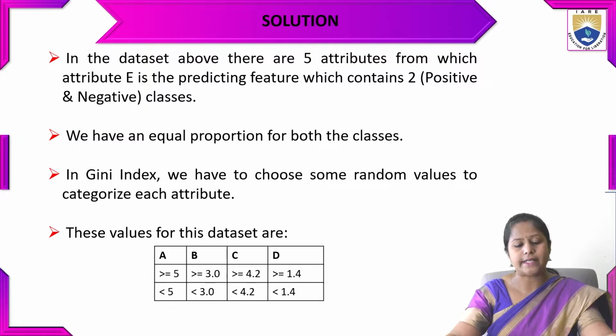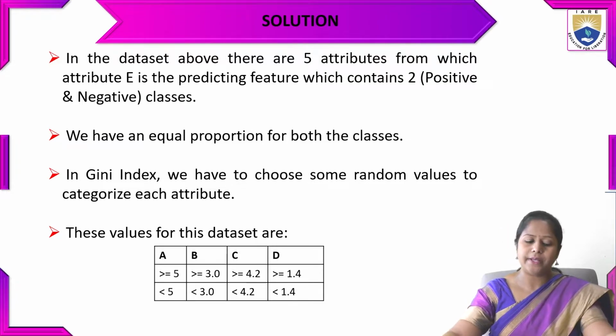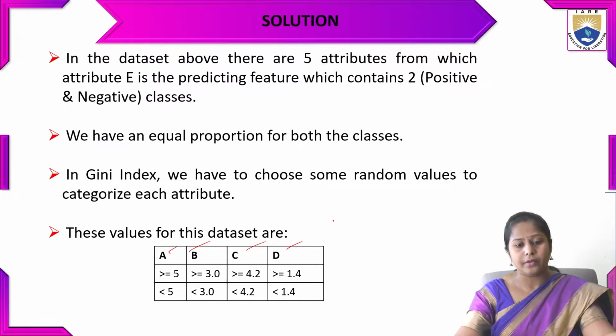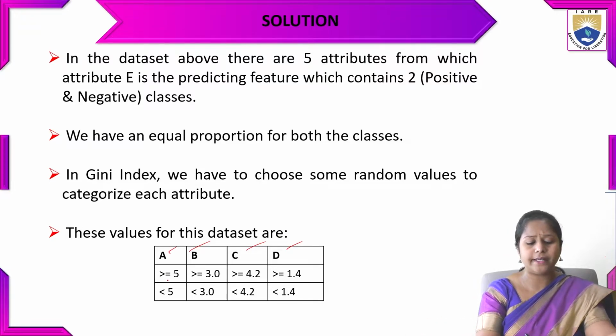So in Gini index, we have to choose some random value, and on the basis of that, we are going to categorize each of the attributes. So for this data set, we are taking 4 features, A, B, C, D, right? And we can say less than or equal to 5, like this.